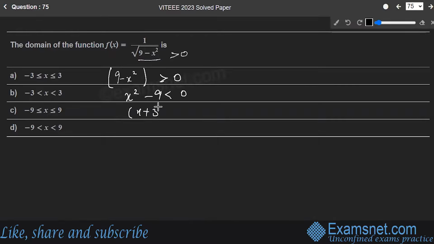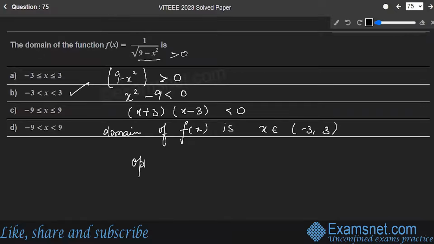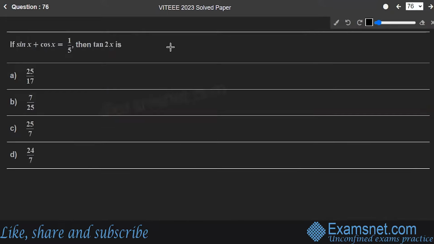The two factors will be (x + 3)(x − 3) < 0. So domain of f(x) is x belongs to (−3, 3), right? So you have option B as the answer. Hope you got that.